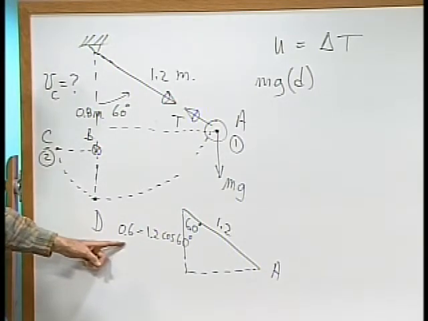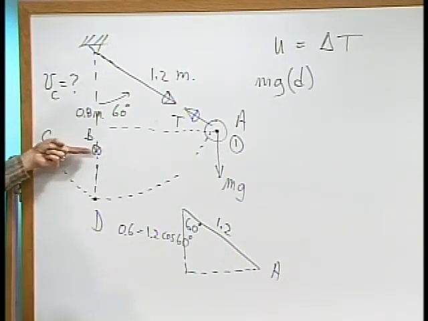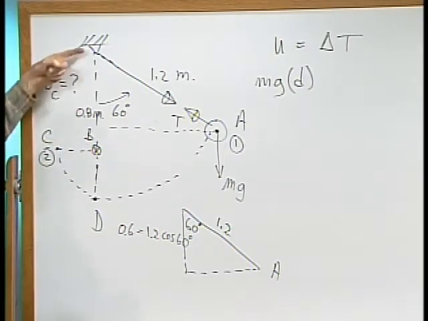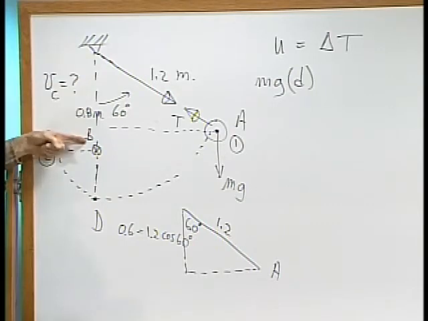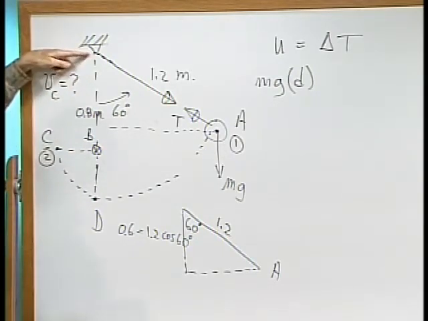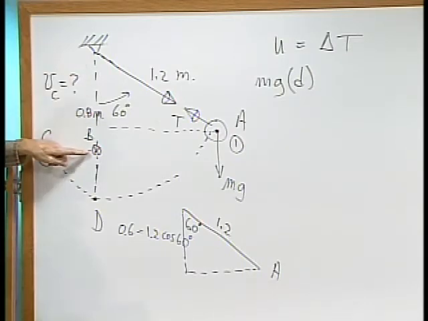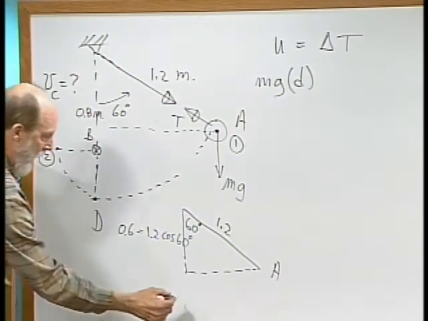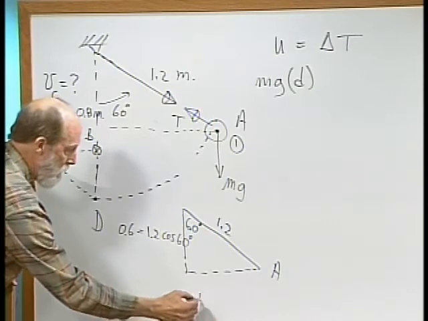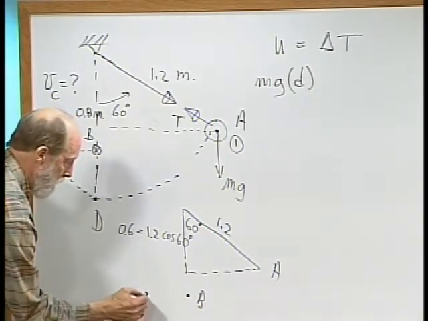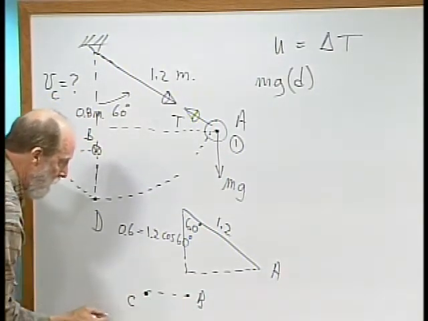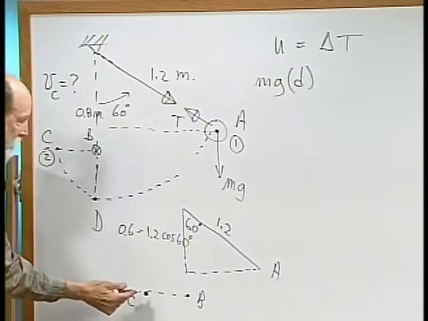Now, B and C are at a distance of 0.8 meters from the support point. So that happens to be down here. B and C are down here at 0.8 meters from up above.